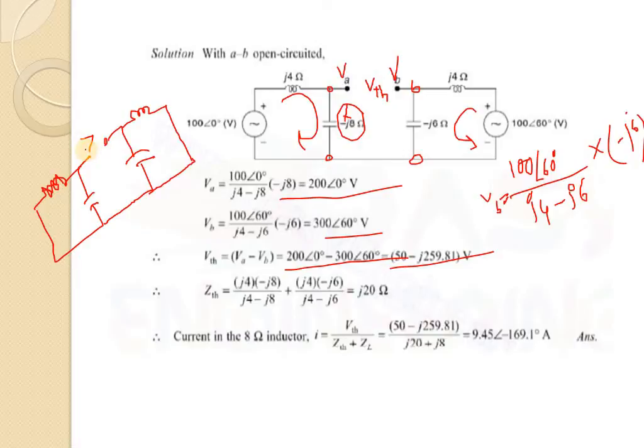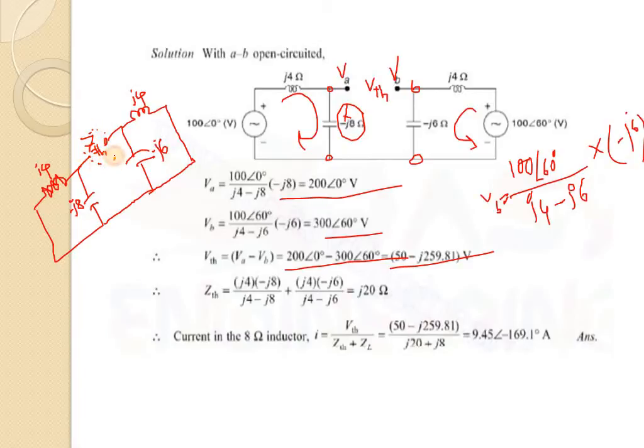Now we have to calculate the impedance across this open terminal. So this is j4, this one minus j8, this one minus j6, this is j4. When we calculate ZTh, we have to imagine that in the place of this open terminal there is a source.